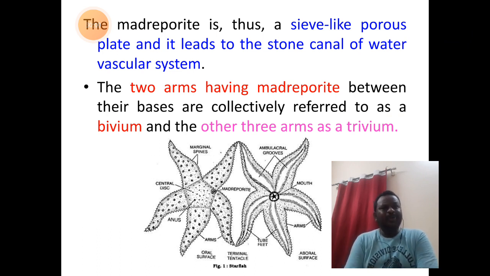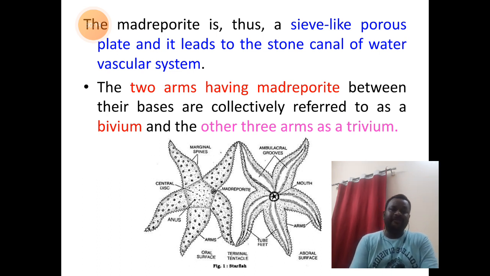The Madreporite structure is hence a sieve-like porous plate which leads inside into a very hard canal called the stone canal that is associated with the water vascular system.